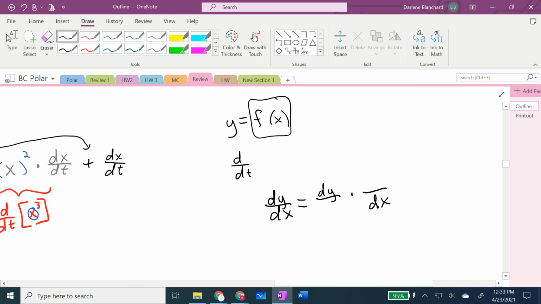I've got a dy over dx, but I now split them up with a multiplication sign, and whatever extra variable is involved, I can do this.